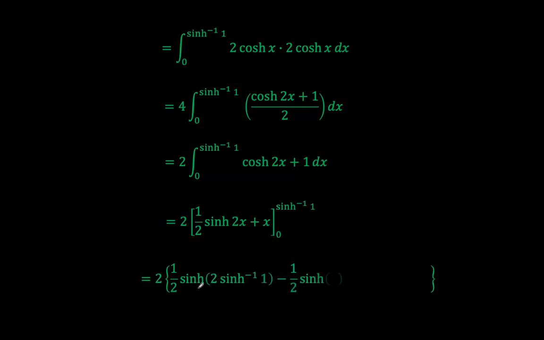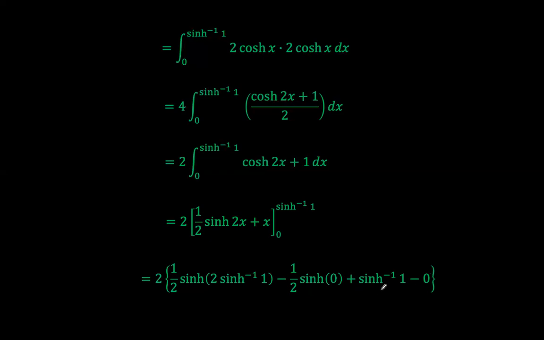So we have half sinh 2 times arc hyperbolic sine of 1 minus sinh of 0 for this, and then plus arc sinh of 1 minus 0.